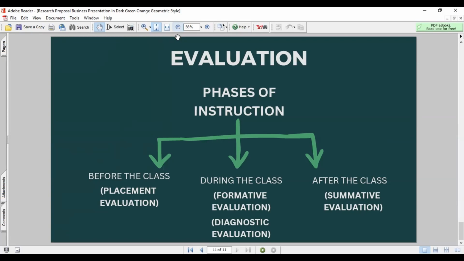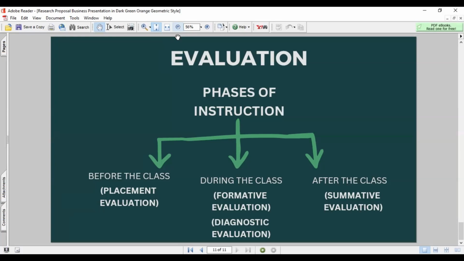Maybe you ask certain objective questions from whatever you are teaching, so that you understand whether your flow of teaching is going in the right direction, whether the students are able to grasp whatever is being taught. So that kind of evaluation is called formative evaluation.